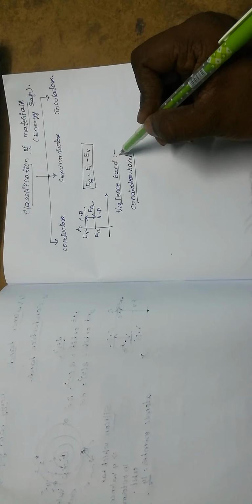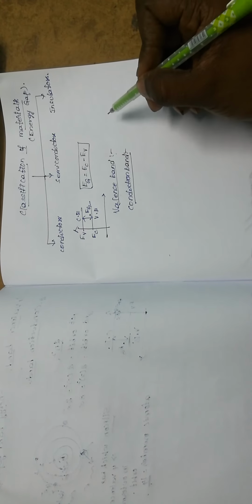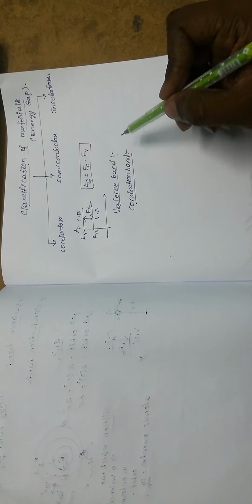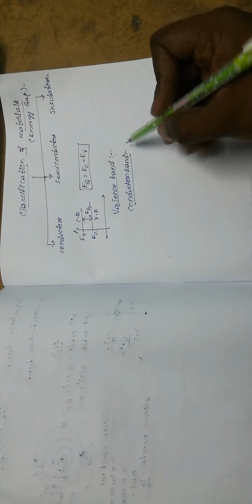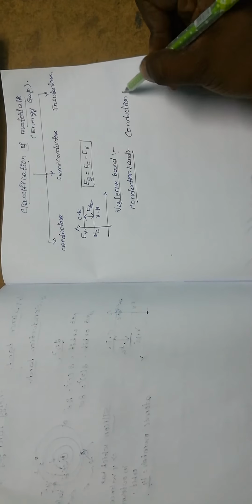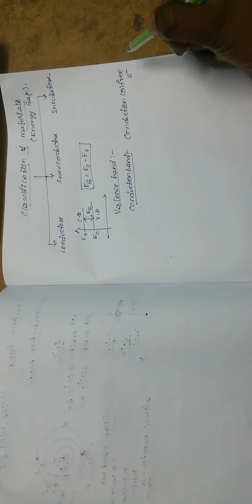So what are conduction electrons or free electrons? The current occurs mainly due to these conduction electrons or free electrons.